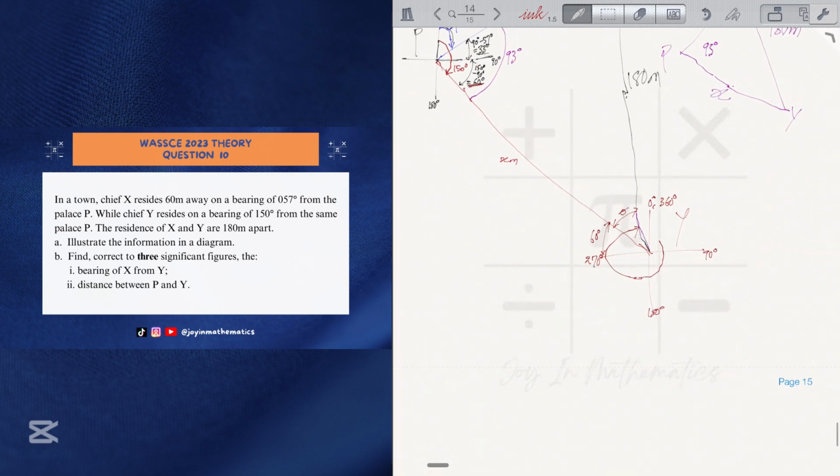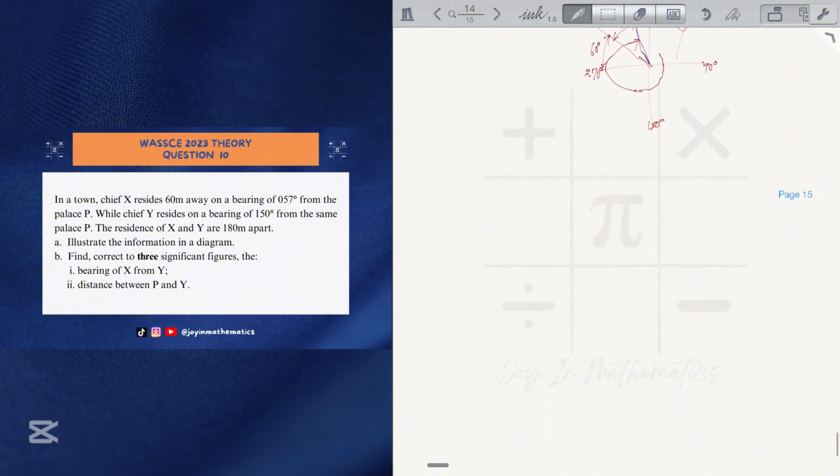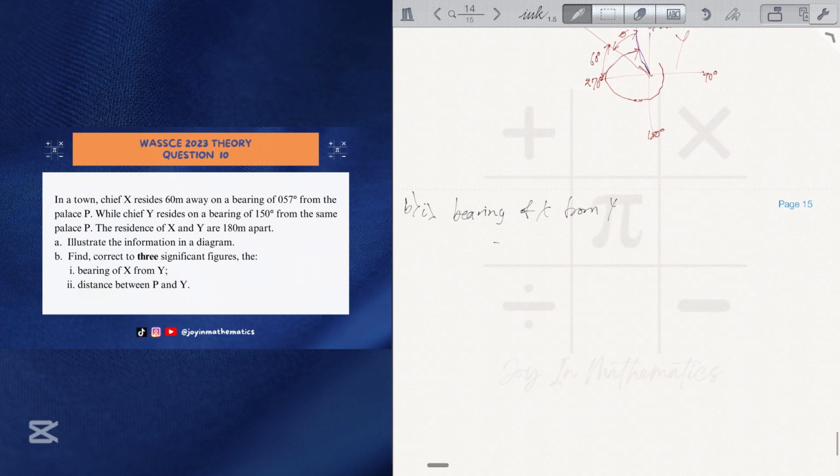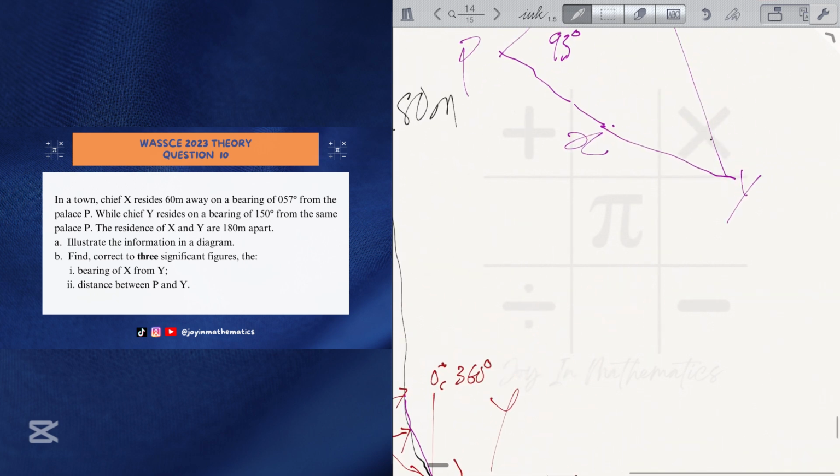Because we are moving to question B, the bearing of X from Y, let's write it in full: bearing of X from Y is equal to 270 degrees that we have here, plus 60 degrees that we evaluated now, plus theta, which is unknown. And we'll understand that the same theta that is there is the same theta that is here.